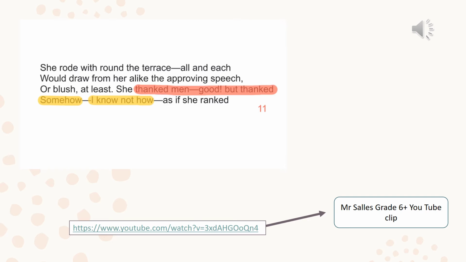"Somehow, I know not how." And this is the moment that Browning shows us that the Duke doesn't even know why he's behaving in the way he does. He's so out of touch with life that he cannot even understand his own impulses.